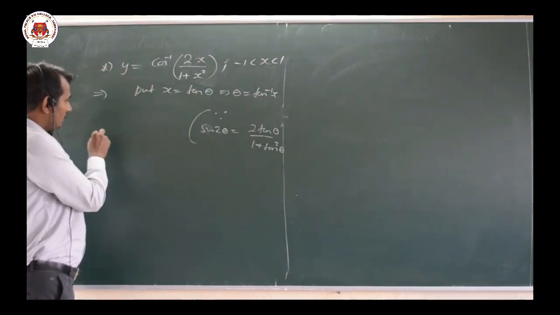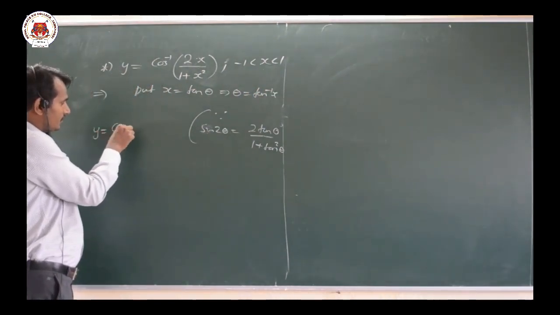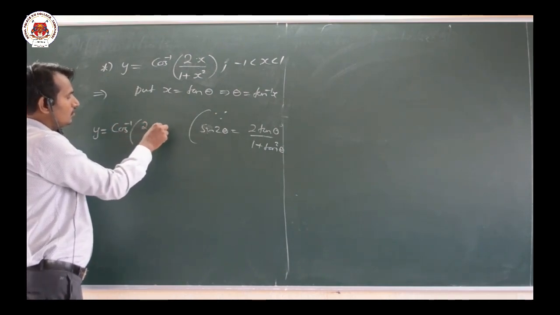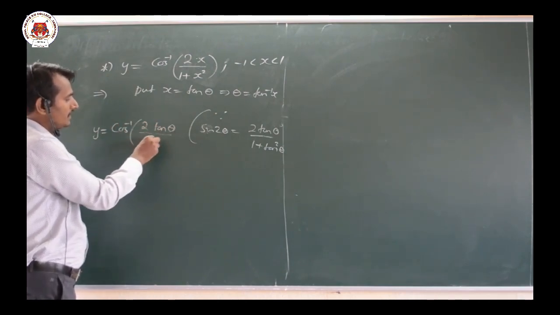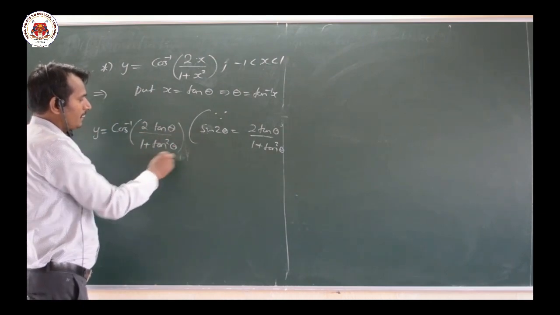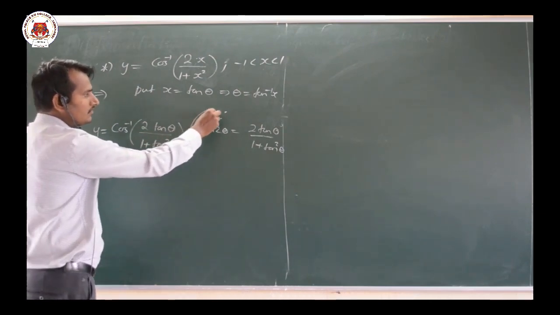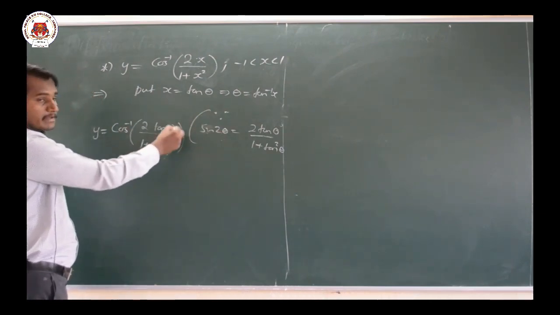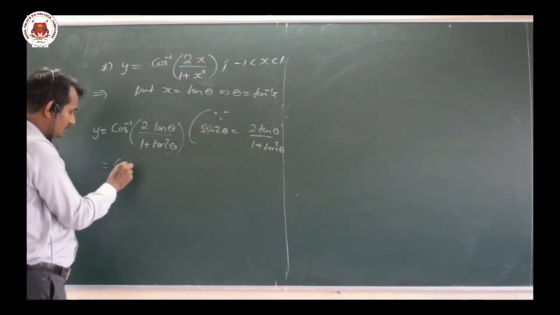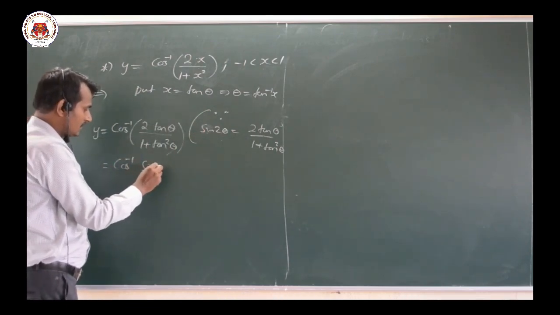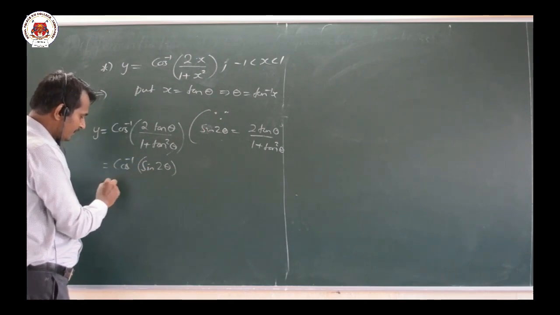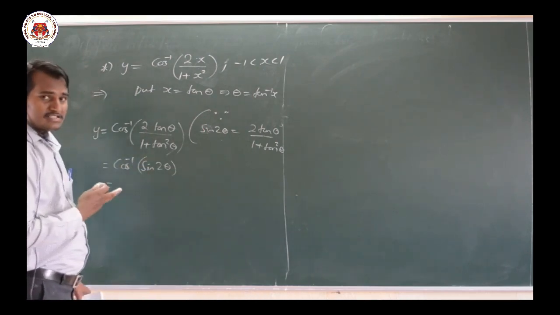So what we get here, y is equal to cos inverse of 2 tan theta divided by 1 plus tan square theta. Since we have the formula here, this whole thing becomes sin 2 theta, so y is equal to cos inverse of sin of 2 theta. Now here I can't separate the theta value here.